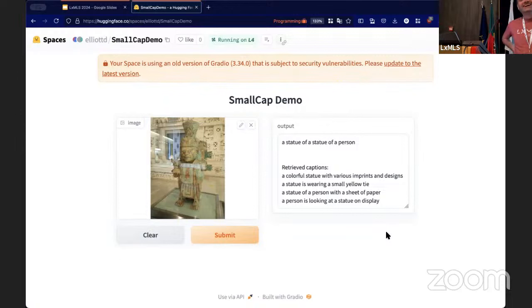This is kind of like the problem of repetitive outputs in language models that we should have fixed a long time ago. I don't know why the person's wearing a yellow tie. And it's true, I was looking at a statue on display. Does anyone have any reflections they'd like to share on how bad this is for them?